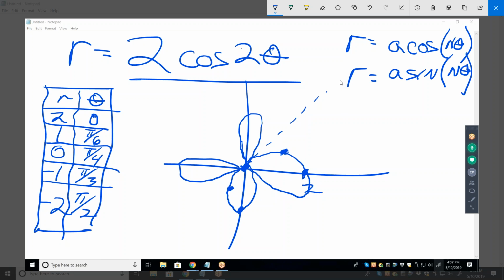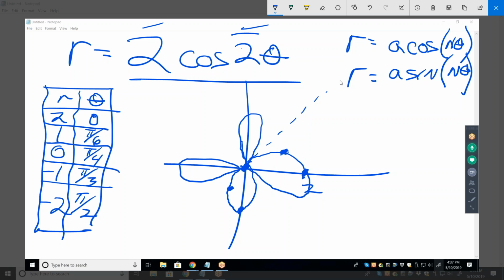And n, hold on, if n is even, the rose has 2 times n petals. In other words, n was even there, so we got 4 petals, not because of this 2 in front. It's just, if it's even, you have 4 petals. If n is odd, it has n petals.